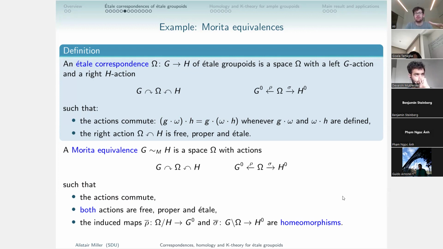So it's stronger than being proper, and it's stronger than the reverse thing being proper. It's as nice as we could get it. And in fact, the Morita equivalences are going to turn out to be exactly the invertible correspondences. There is a composition of correspondences, which I'm not going to tell you about. With that composition, they become a category, well, a two-category, and then the Morita equivalences are the invertible ones.